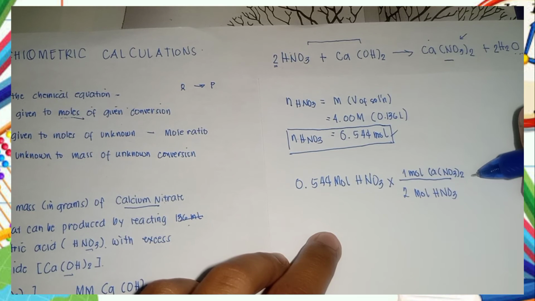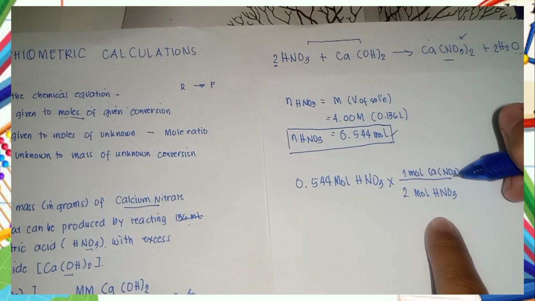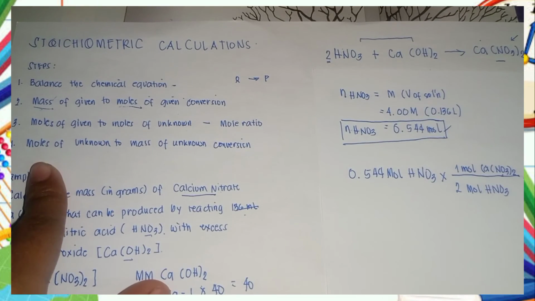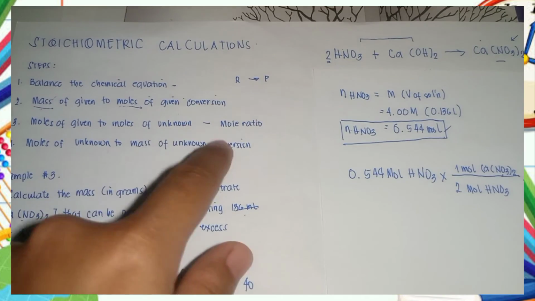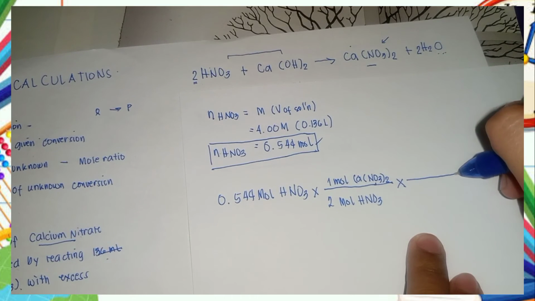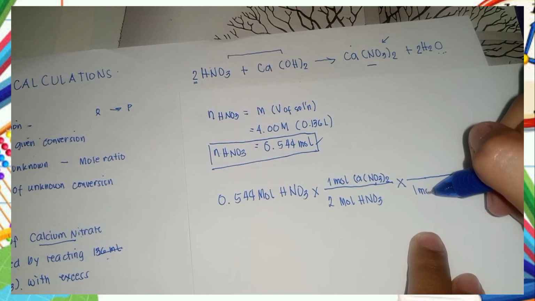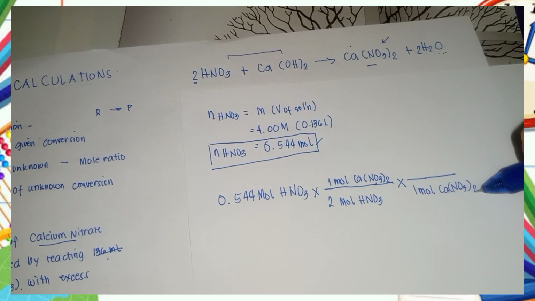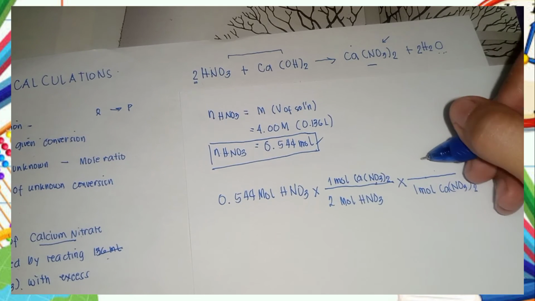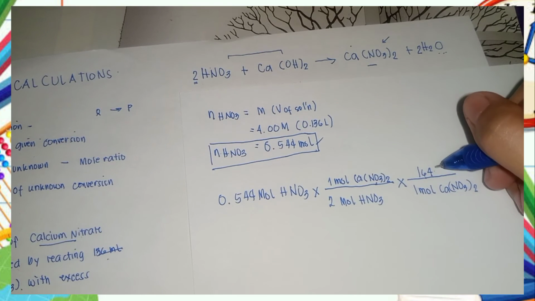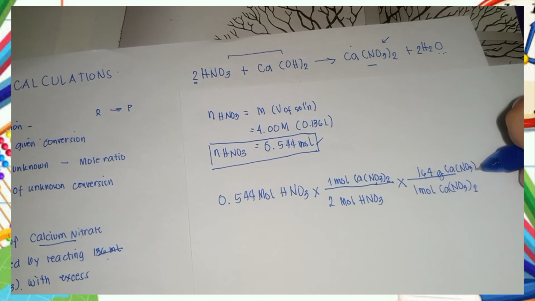So 1 mole of Ca(NO3)2. From this, we can extend our equation by following the fourth step, which is converting the moles of the unknown to the mass of the unknown, simply by adding another conversion factor. We will be using 1 mole of Ca(NO3)2, that is equal to how many grams? We have 164 grams of Ca(NO3)2.